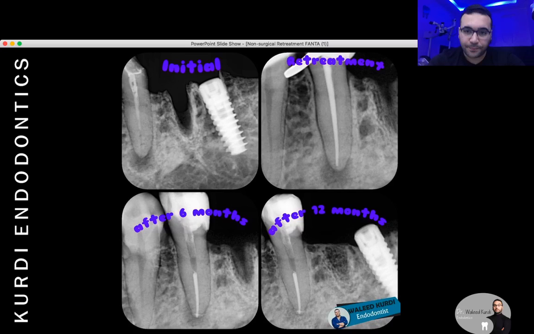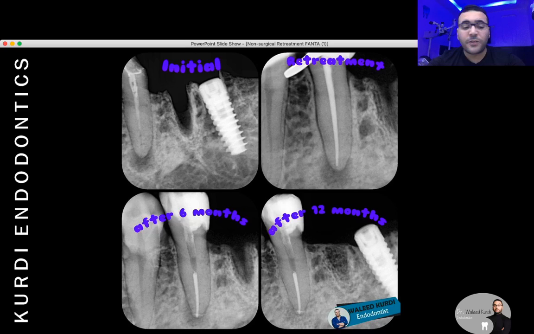Another case, second premolar, bad obturation, short obturation, periapical lesion, and you can see there is even an implant there. After I made my non-surgical retreatment, it was very easy to remove such gutta-percha inside a straight canal the same way, and then you can see the very conservative obturation.